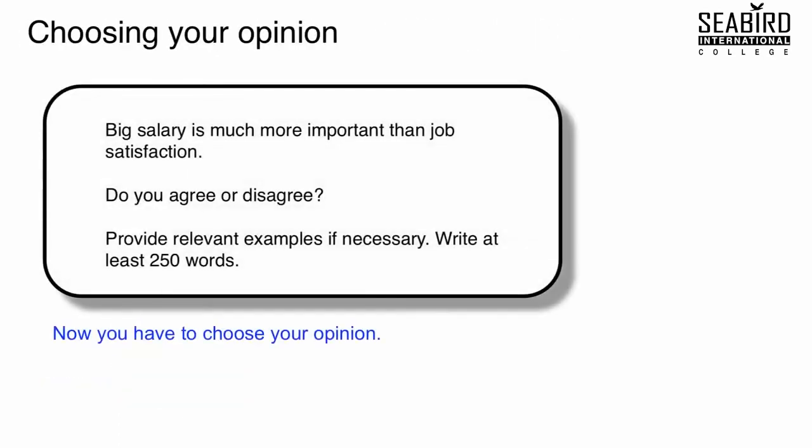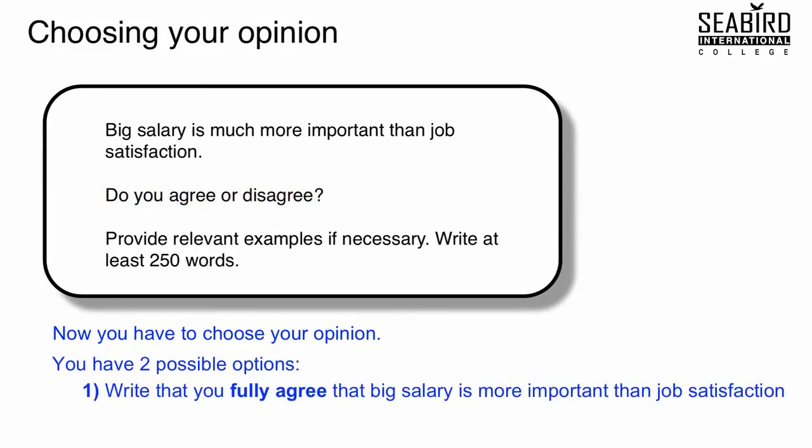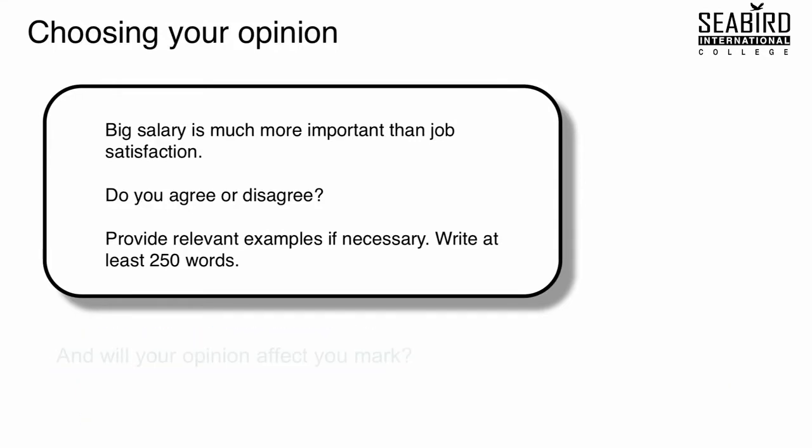Now you have to choose your opinion. Do you agree or disagree with the statement? You have two possible options. First, you can write that you fully agree that big salary is more important than job satisfaction. Or secondly, you can write that you completely disagree with that. And will your opinion affect your mark?